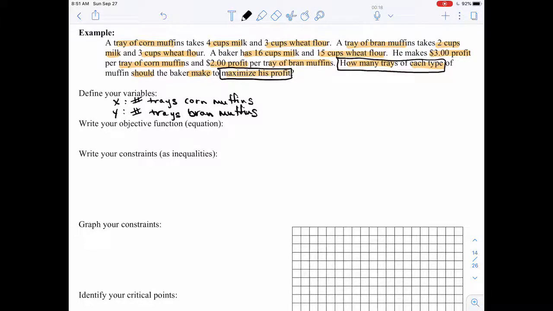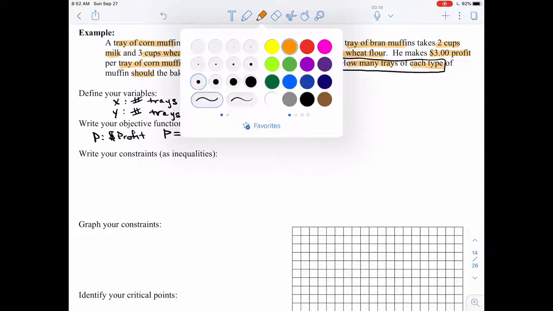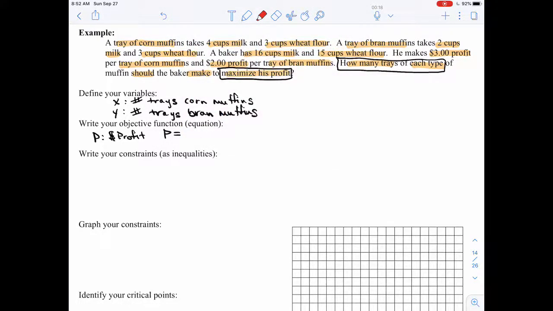Our objective, what is the point of this? To maximize his profit. So we're going to let P be profit in dollars. So our objective function or equation is P equals. Well, let's look back through the problem and identify our profit variables. $3 profit for the corn muffins and $2 profit for the bran muffins.